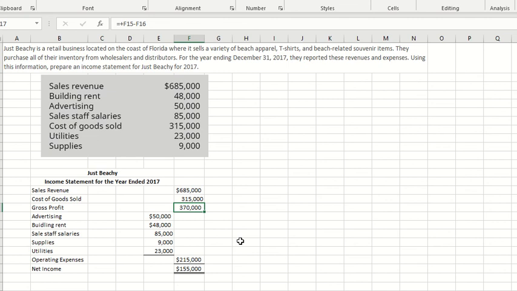We get the gross profit of 370,000, and then we have operating expenses: advertising, building rent, sales staff salaries, supplies, utilities. All of these are operating expenses. We add all of these up, our total operating expenses are 215,000. So our gross profit of 370,000 minus operating expenses of 215,000, we get net income of 155,000.